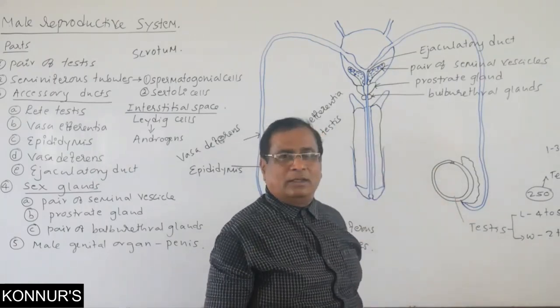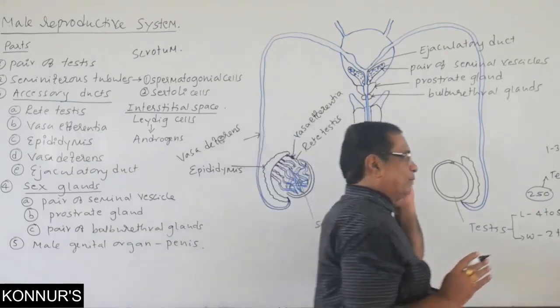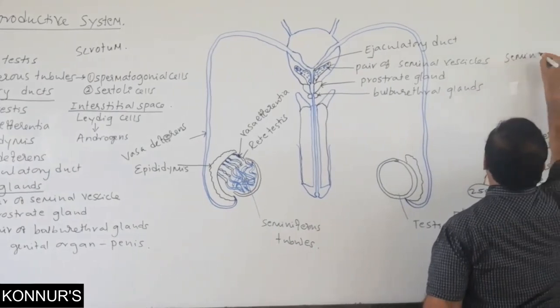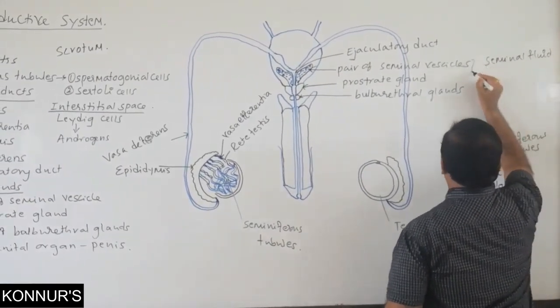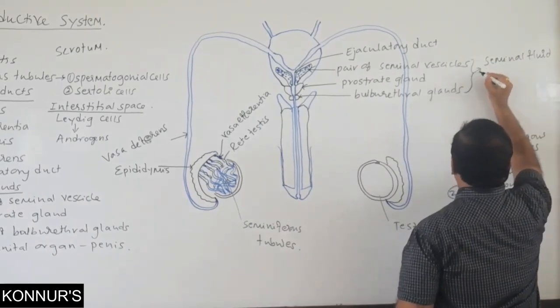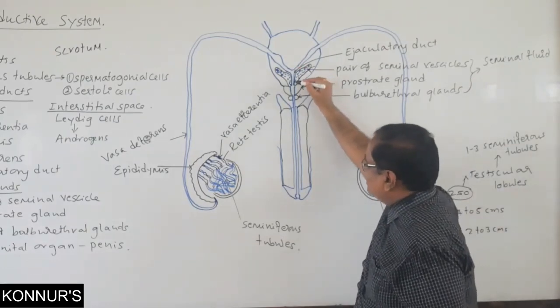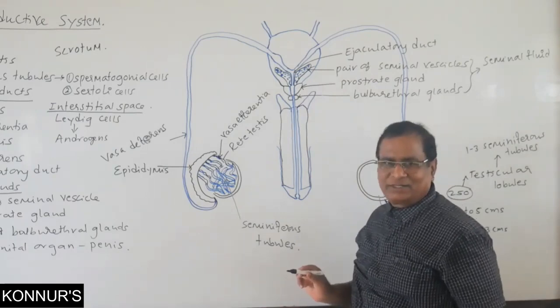These three groups of glands produce a seminal fluid. That seminal fluid enters the ejaculatory duct.